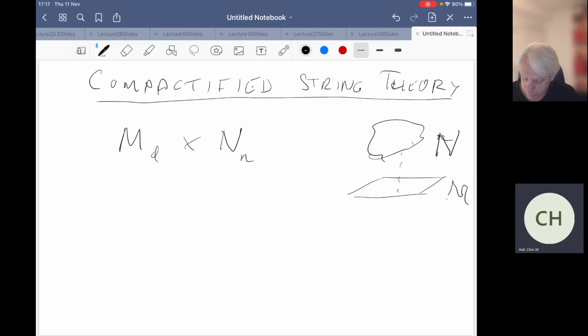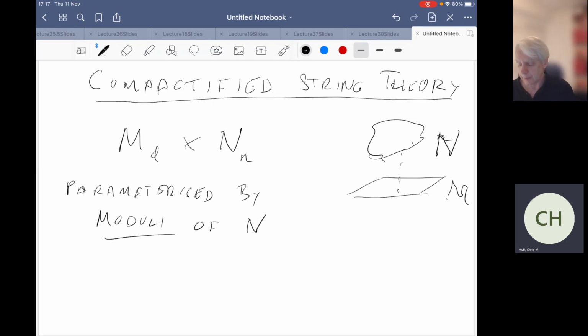So the geometry on N. So this theory will be determined by the moduli of n.